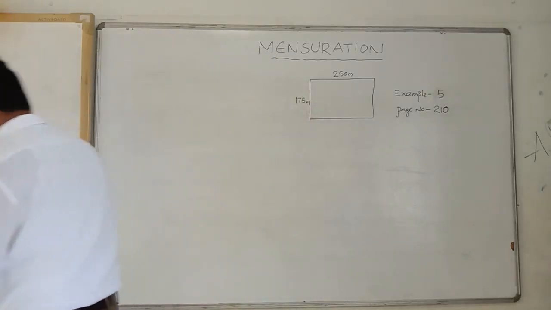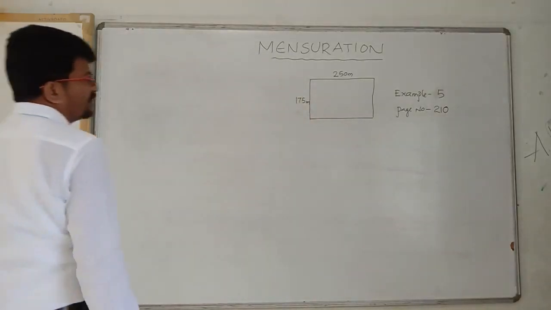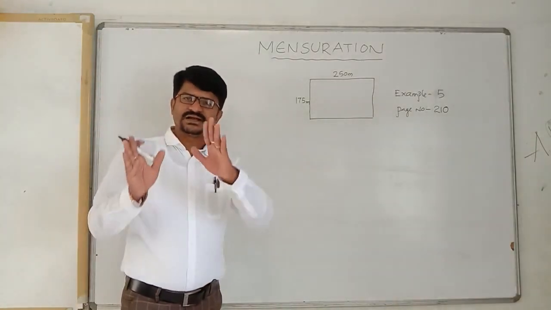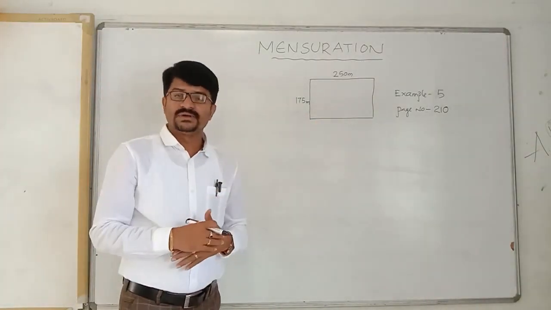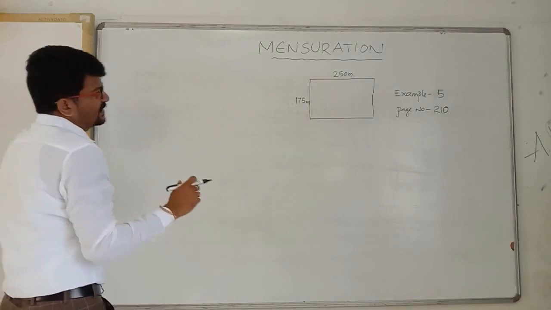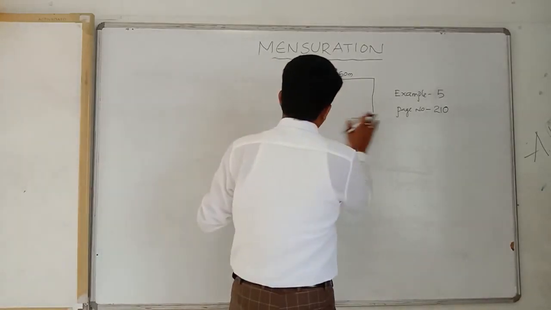Okay, now we need to find the cost of the fencing. Fencing always comes under perimeter only. So first let us find the perimeter of this rectangular park.